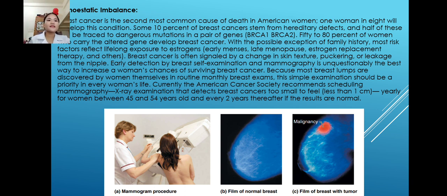With the possible exception of family history, most risk factors reflect lifelong exposure to estrogens, such as early menses, late menopause, estrogen replacement therapy, and others. So, breast cancer is often signaled by a change in skin texture, puckering, or leakage from the nipple.